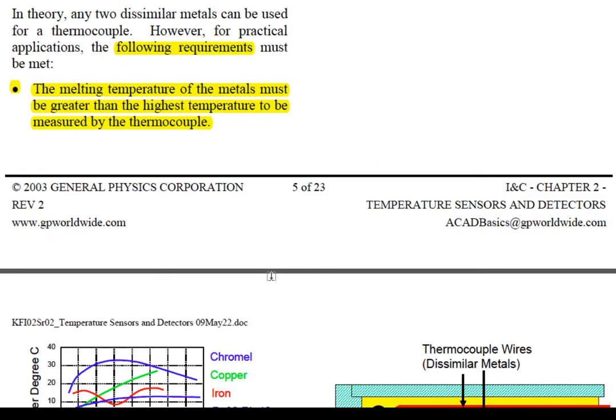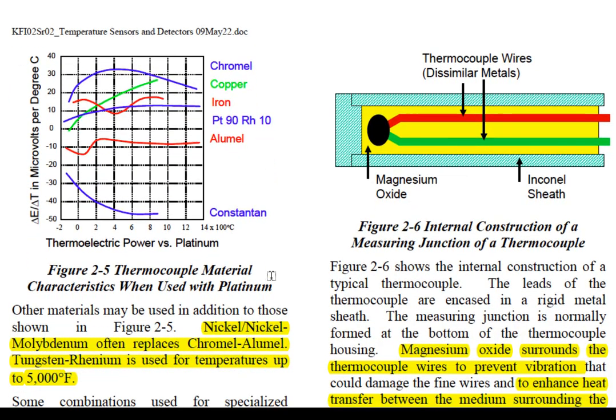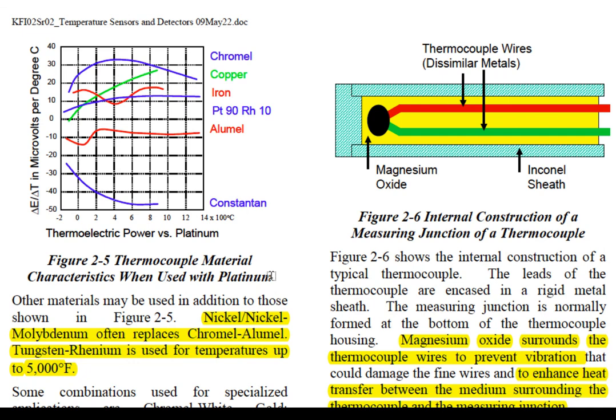Okay, so that's our thermocouple, and here it's giving you a characteristic curve of platinum versus your voltage, based on what kind of metals you're going to put with that platinum. Take a look at what some of them are, and notice that you have iron.